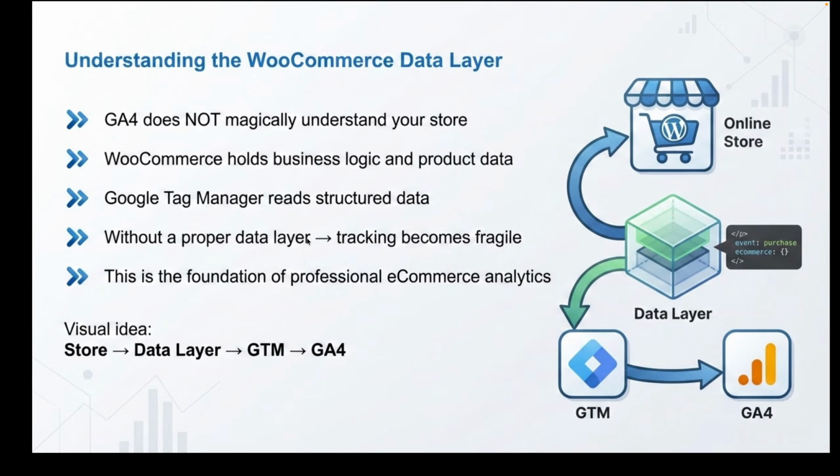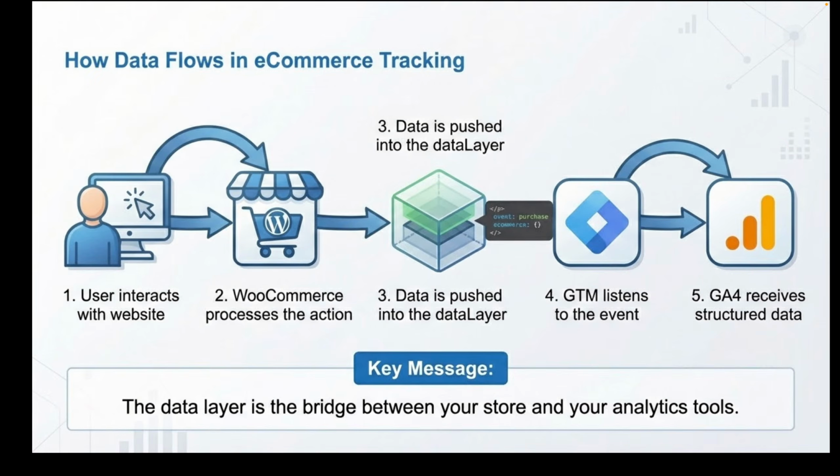How does the data flow? First of all, a user interacts on your website. WooCommerce will process the action. For example, you go to the website, and we're going to see it very soon, you click on the product, and WooCommerce knows that this is a product view. The data is pushed into the data layer.